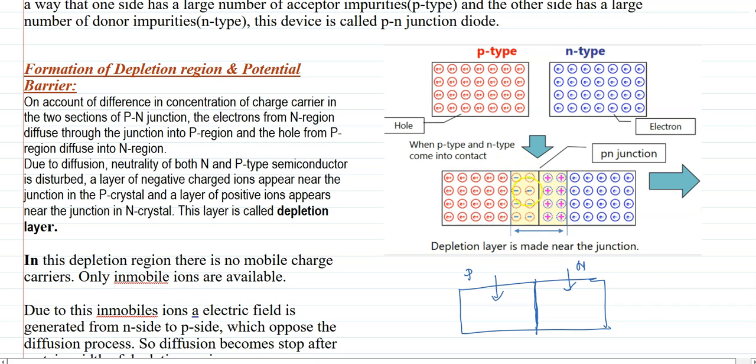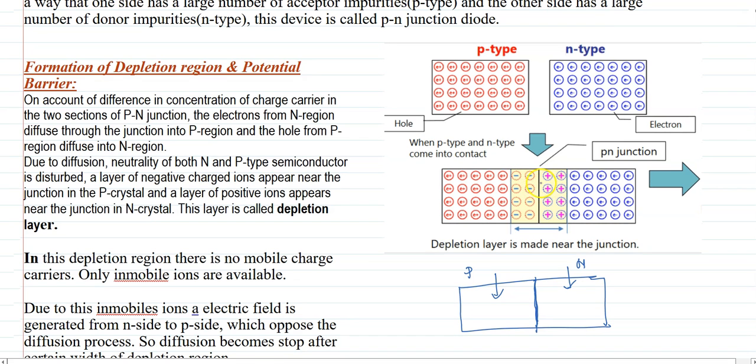That's why a region occurs where we cannot find any hole or electron in the middle region, because holes and electrons cancel each other and become neutral. Then we get only the immobile ions, meaning non-movable ions.